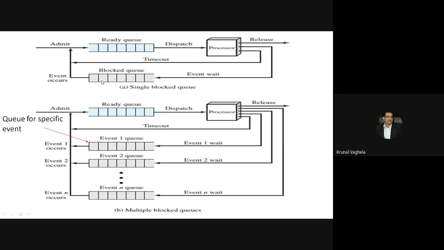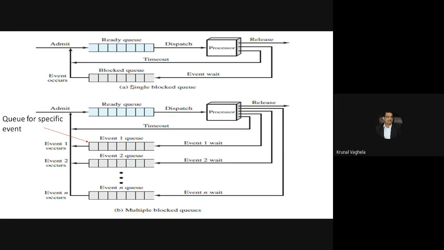So this is the block queue, right? All the waiting processes for an event are put in the block queue, but here it is a single block queue. It is not like each and every process is waiting for the same event.